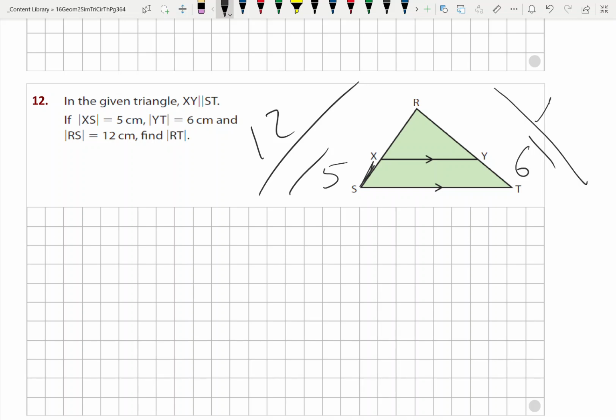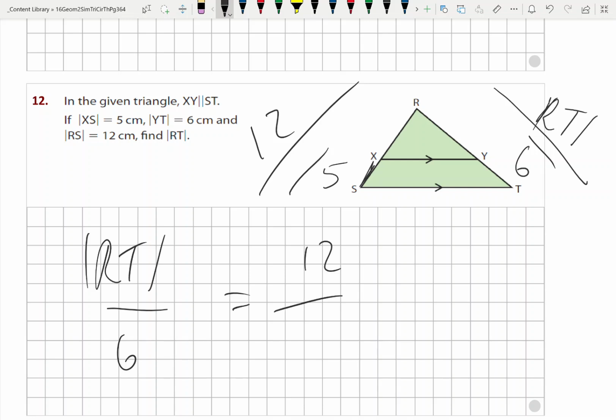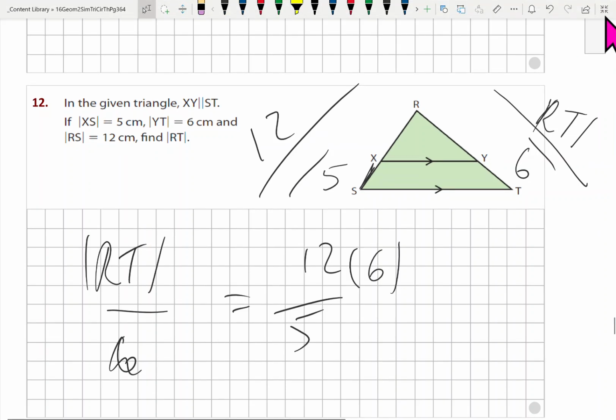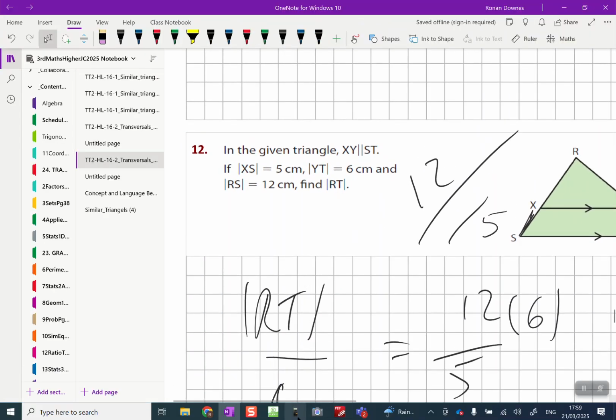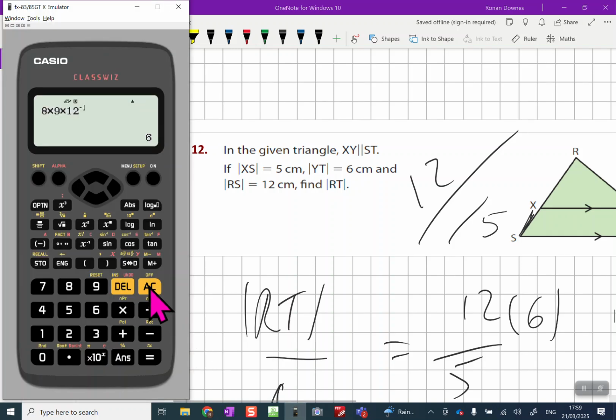So that tells me I want my RT over 6 equals 12 over 5. Up comes the 6. You're waiting to see that. No, you're not. You're doing that trick now yourselves. So it is quicker than going to a fraction bar. There are 3 factors here. There's a factor of 12 times a factor.